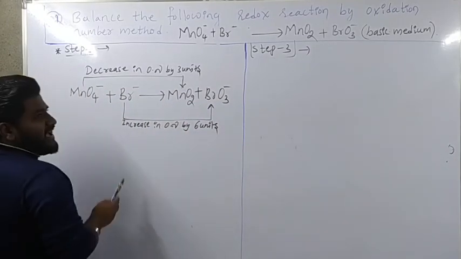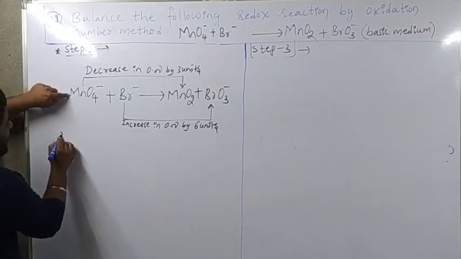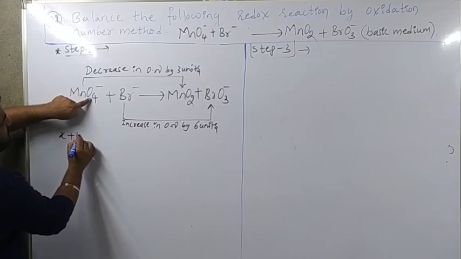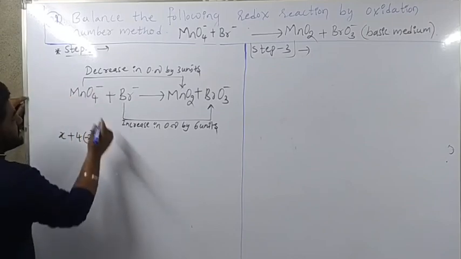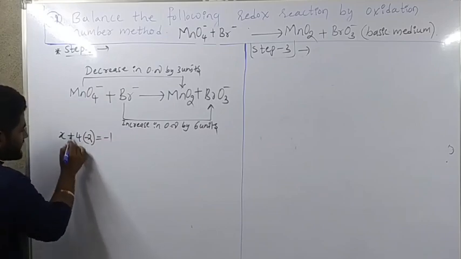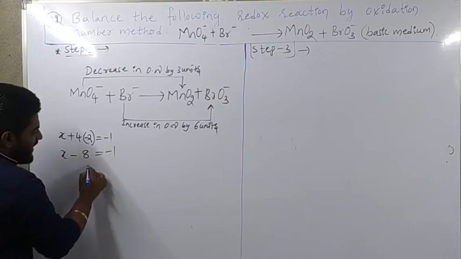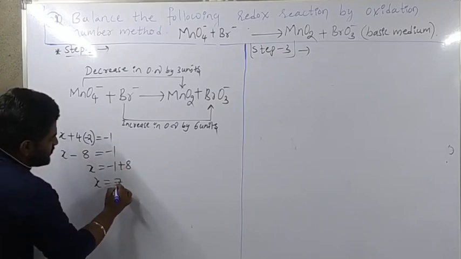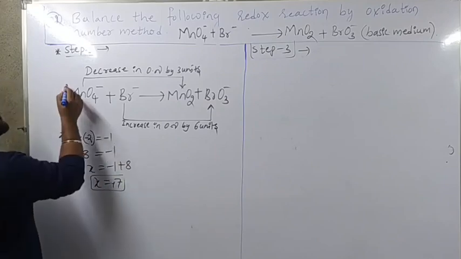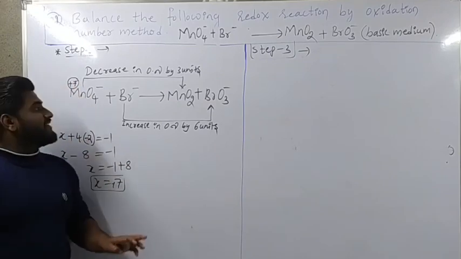Let us discuss the same thing, MnO4 minus to MnO2. First we'll calculate the oxidation number of Mn. Let Mn be X. How many oxygen? 4 oxygen. The charge of 1 oxygen is always minus 2. Overall charge is minus 1. X plus 4 times minus 2, that is minus 8, equals minus 1. X equals minus 1 plus 8, so X equals plus 7. So the oxidation state of Mn here is plus 7.